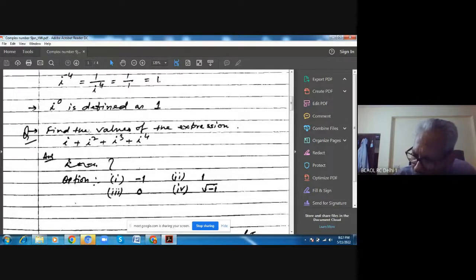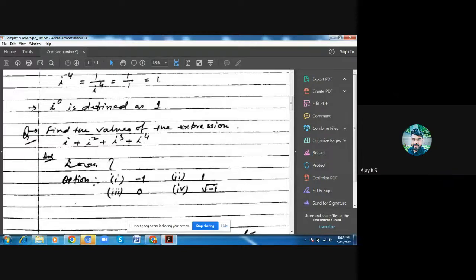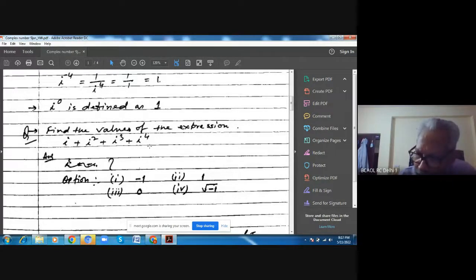And iota 4 is simply 1. So if you write it, it is iota plus -1 plus minus iota plus 1. If you do it, all are cancelling each other, so finally it is 0. So it is good, Ajay. You correctly said. Option number 3, 0.